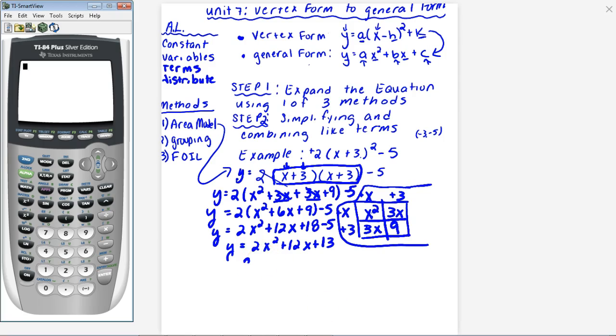My a is 2. My b is 12. And my c is 13. And these a, b, and c's are going to come in really handy when we start using the quadratic formula.